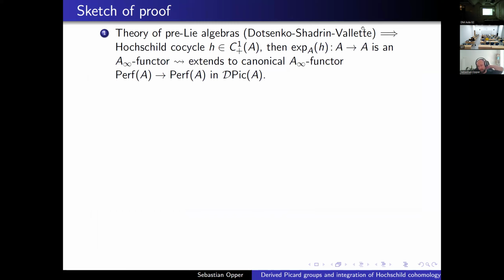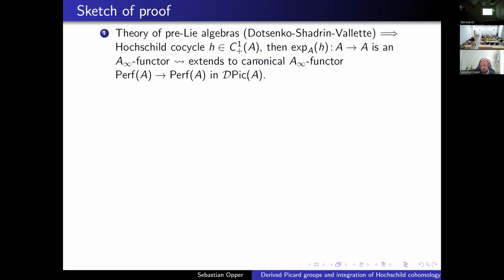You can use this to show that, if you take a Hochschild cocycle, then the exponential will by definition be an element in the Hochschild complex. But then we had this relationship between A infinity functors and certain elements in the Hochschild complex, and this is exactly where you can use this. So you can show that this is an A infinity functor.